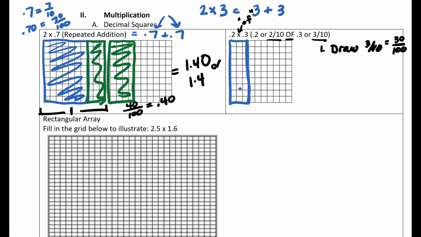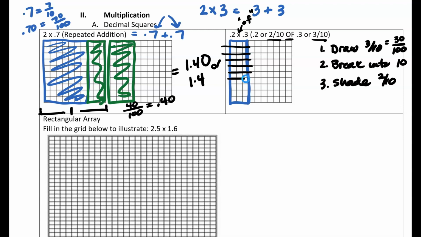And then my next step is I'm going to break into 10. And I'm going to shade 2/10, so 2 of those 10s. So an easy way is to just break it up this way. So I could break it up in 1, 2, 3, 4, 5, 6, 7, 8, 9, 10.